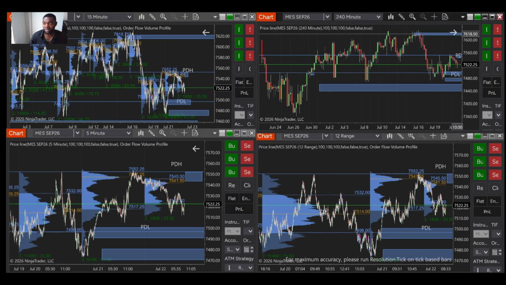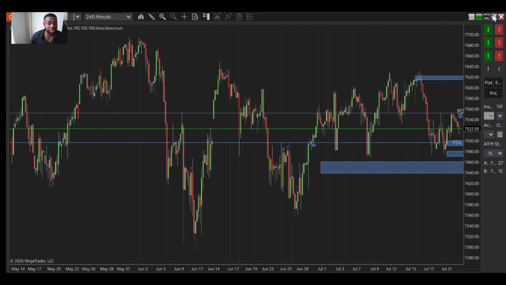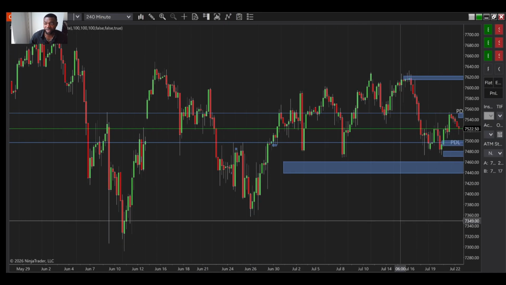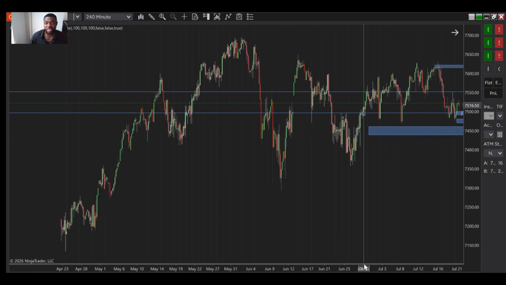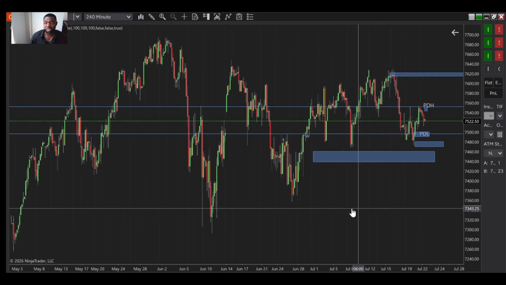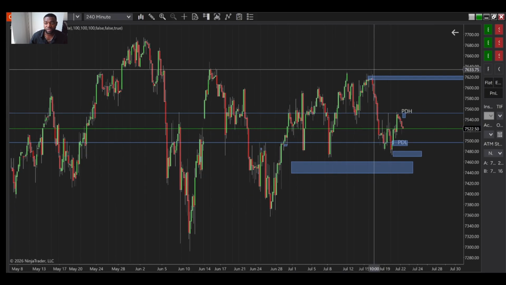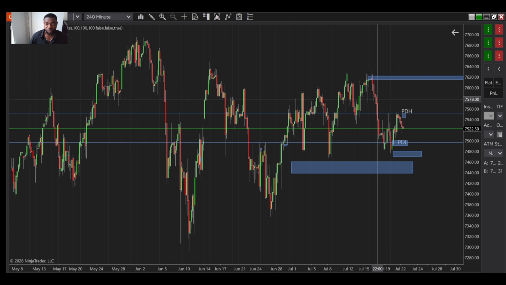Now let's see the market structure. First, to analyze charts, you need to check the market structure. What is the big picture? To look at the big picture, I look at the 4-hour time frame. On the 4-hour time frame, I see the market is a little bit bullish. However, there was a short over here.